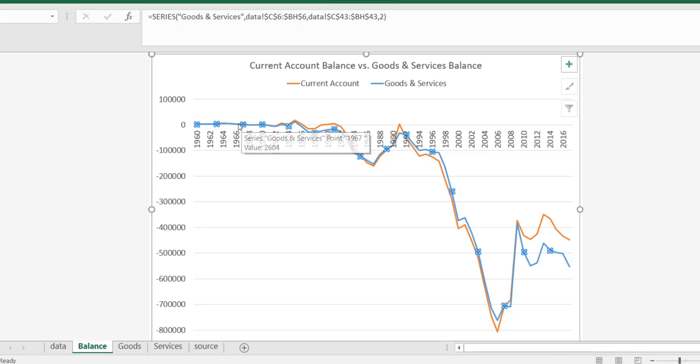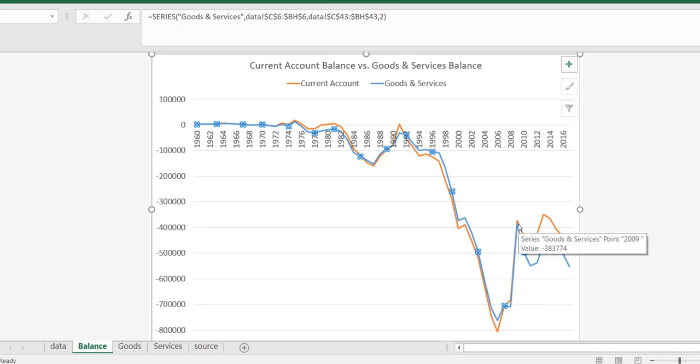The curves are coincidental at that point. The values are very close. And see that the pattern is almost identical when we talk about the current account balance as a whole or the balance on goods and services.